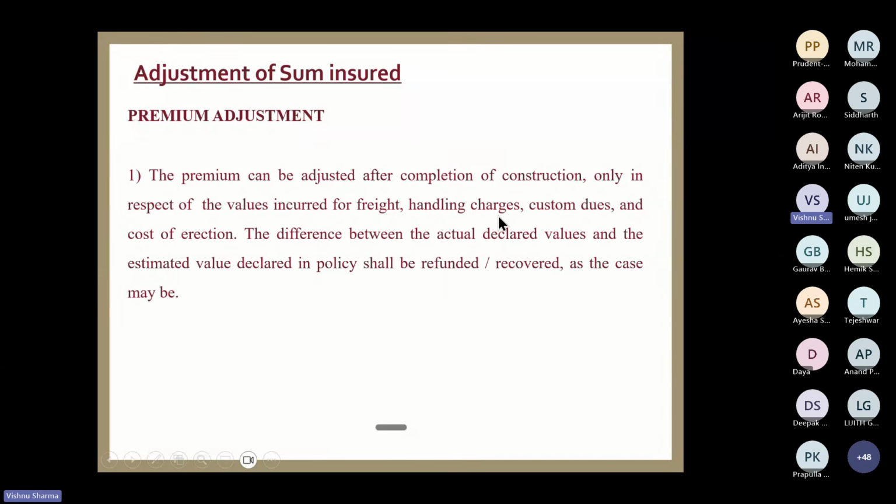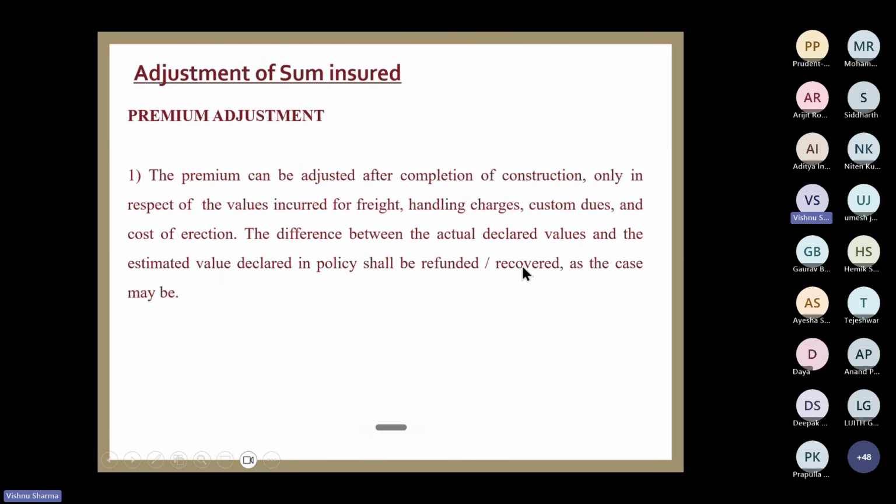Understand? Finally, at the end of the project, the actual values are calculated, and then they will see what was initially declared. If the actual is lesser than initially declared, then of course a refund of premium is allowed. And it is two-way, either refunded or recovered.